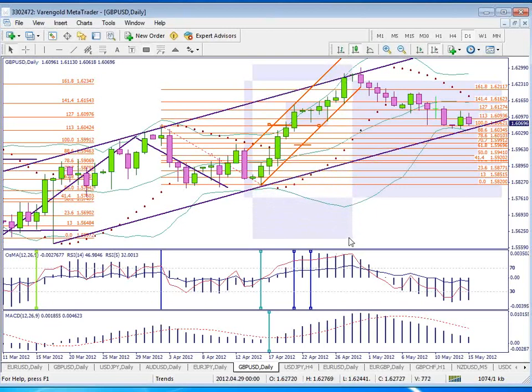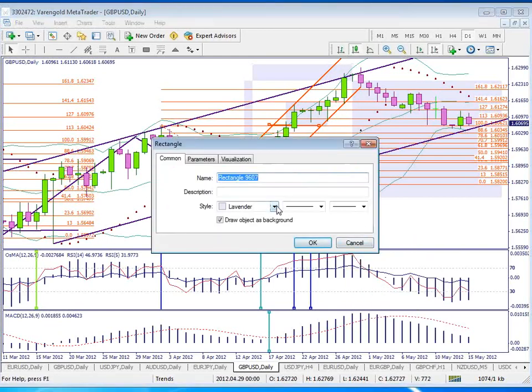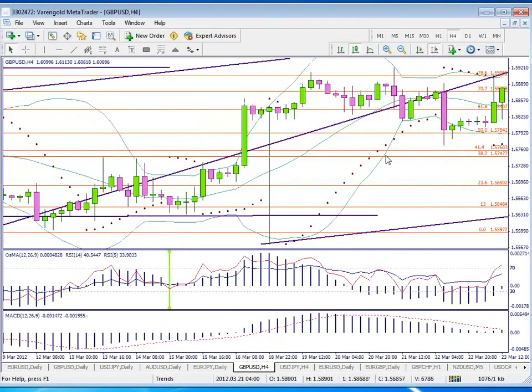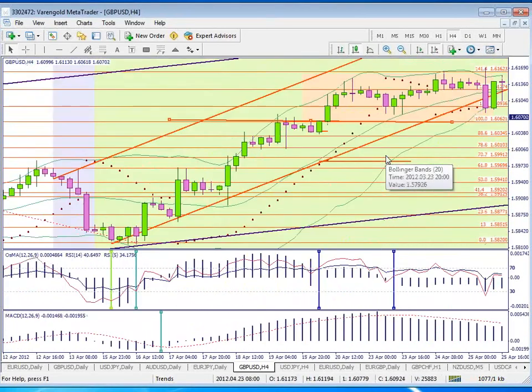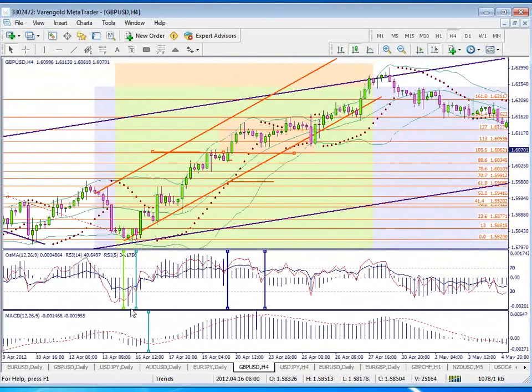So I have this area. Into 4, so in daily it was one buy signal.